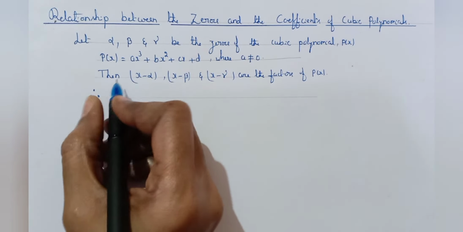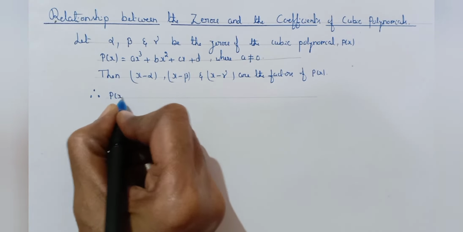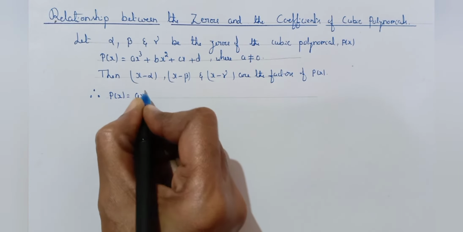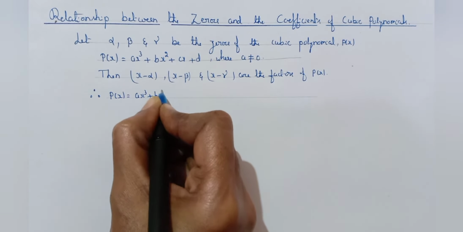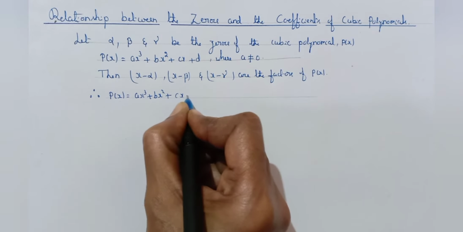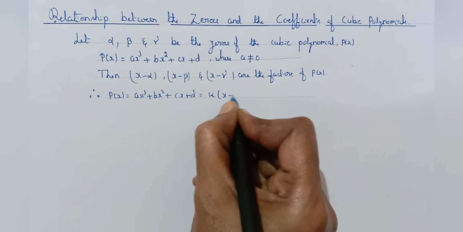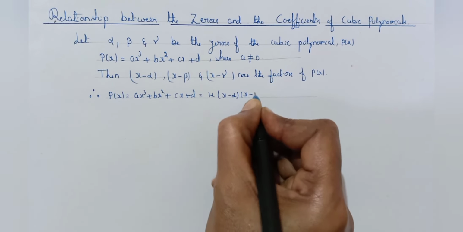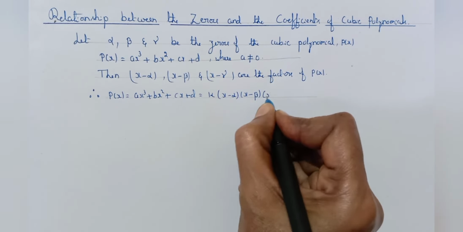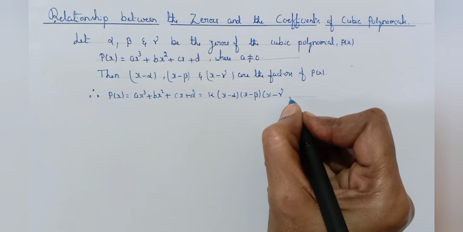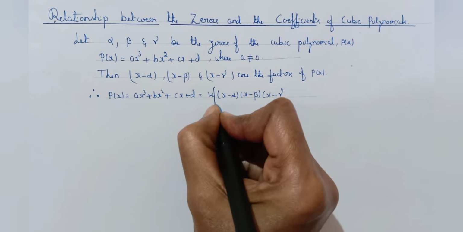Therefore, we can write the cubic polynomial p(x) = ax³ + bx² + cx + d is equal to k into (x minus alpha)(x minus beta)(x minus gamma), where k is a constant.